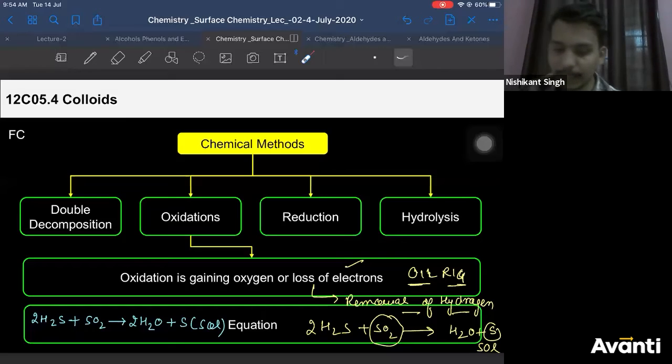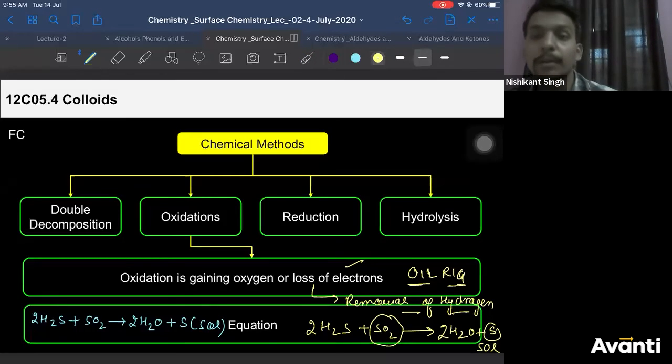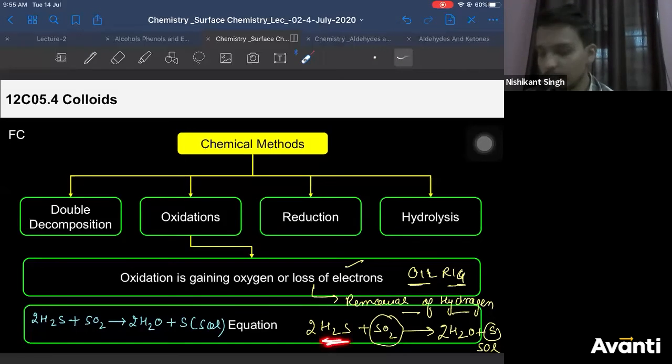You can do the balancing part later. You can see how oxidation takes place here. See here, this does not have any oxygen. You're adding oxygen to it.